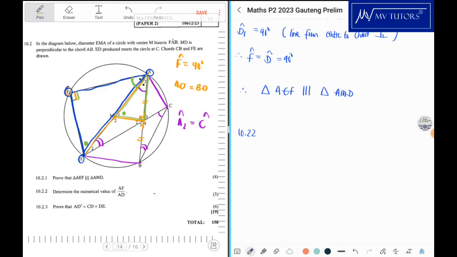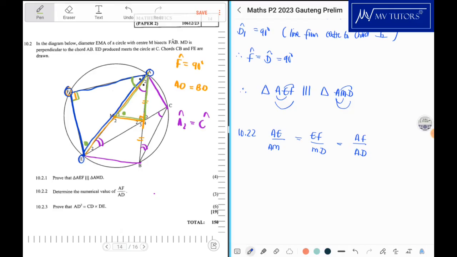Now it says determine the numerical value of AF over AD. Okay, so now that we have shown that triangle AEF is similar to triangle AMD, we can then say that AE over AM is equal to EF over MD, which is equal to AF over AD, which is what we're trying to show, and that is 3 marks.